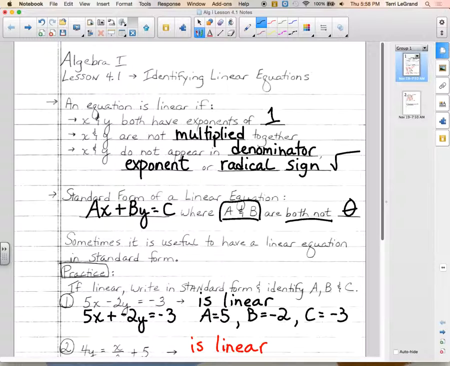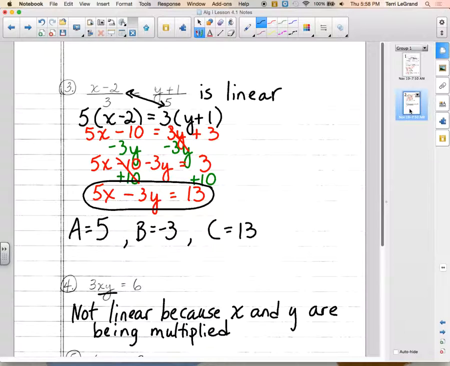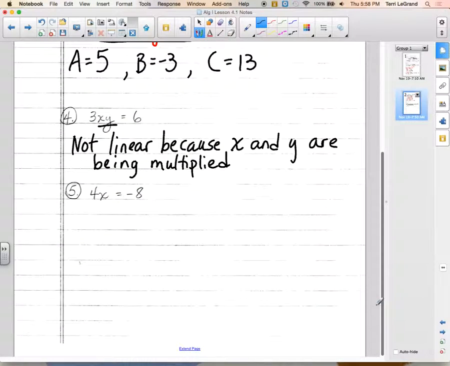It wiped out the y's. So we can say this one is linear because it passed all the tests. And even though it doesn't have any y's, that doesn't matter. That wasn't one of the tests. And the x's are by themselves. The constant is on the other side. This is already in standard form.